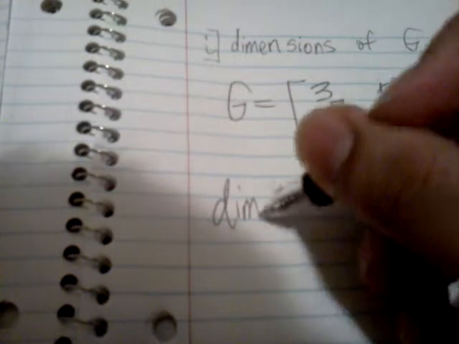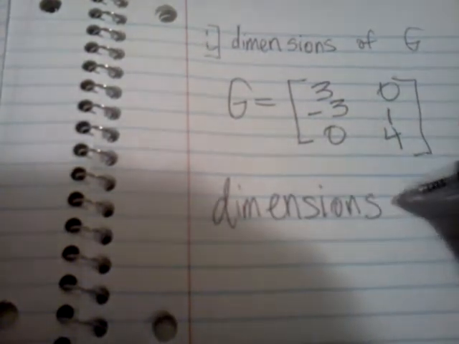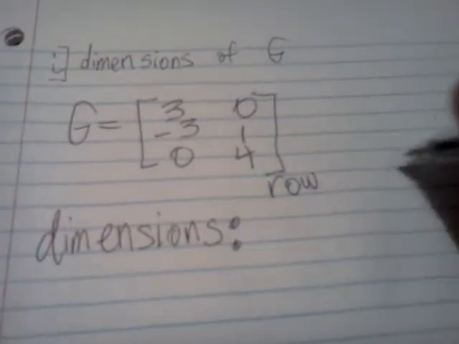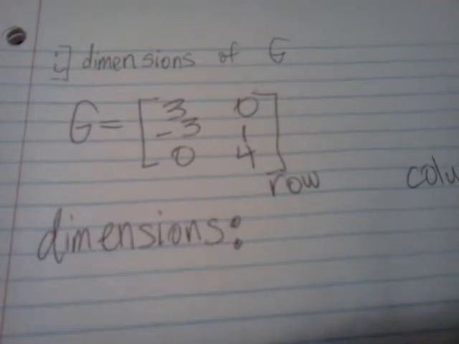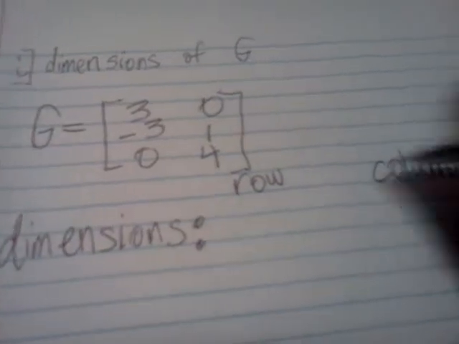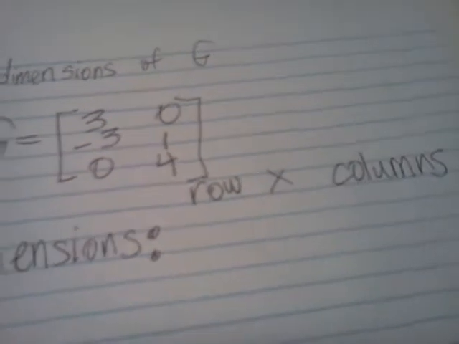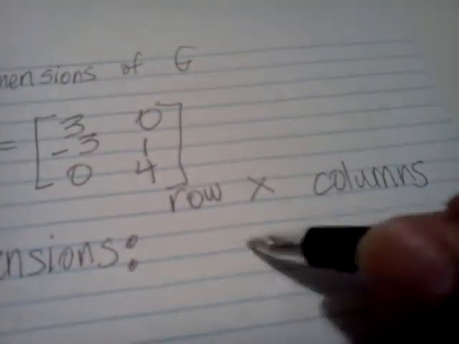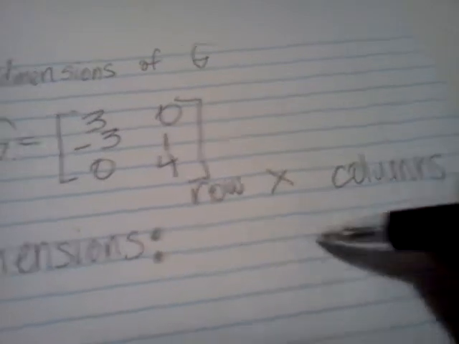Okay, so dimensions, right? Here we're going to put our rows, and here we're going to put our columns, and we put the multiplication sign in the middle of them.